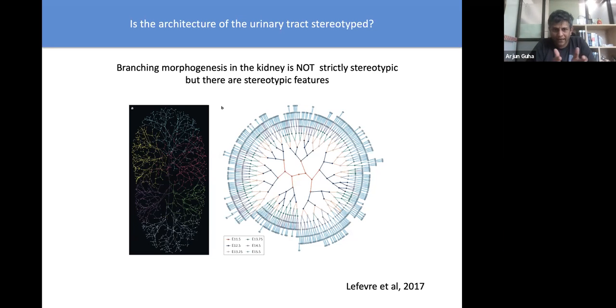Overall, the extent of branching, meaning the number of times branching occurs, and the overall balance of branches within each clade is actually very similar, even though the precise 3-dimensional position and the timing of these branching events may not be the same across kidneys. And so what emerges from this analysis is that the architecture of the collecting ducts within the kidney is not stereotyped in 3 dimensions in space and time, but there are aspects to the branching which are highly stereotyped across kidneys.